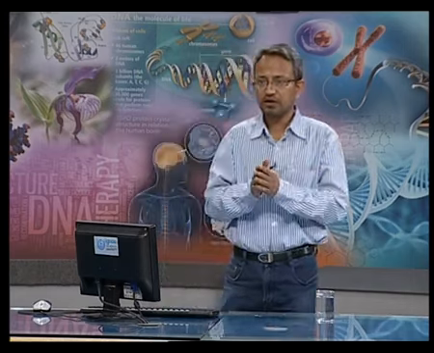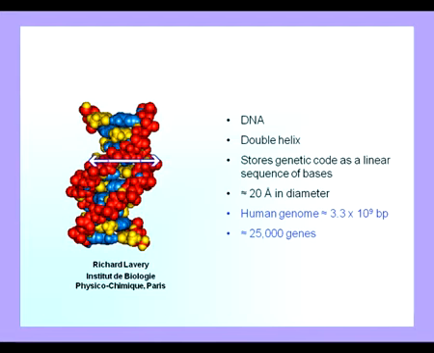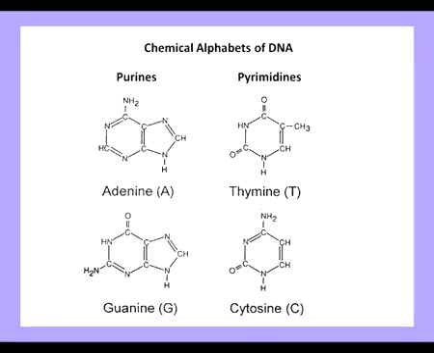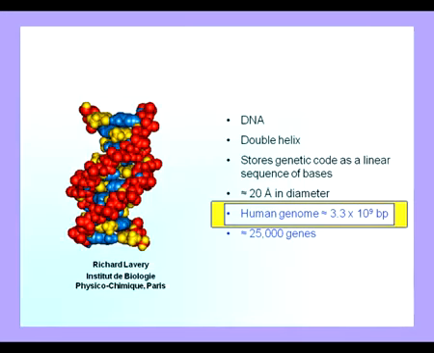To give an idea of dimension, how big it is, basically it is a very teeny, small thread kind of stuff. The diameter is 20 angstrom, and there are alphabets like A, B, C. There are some chemical alphabets which basically dictate the information of heredity within the DNA, and there are 4 types of alphabets, and the total number of letters in the human genome is 3 into 10 to the power 9 base pairs.